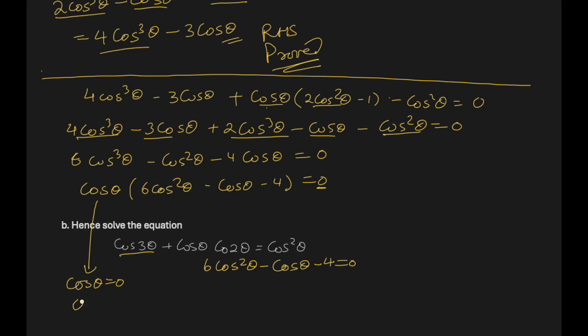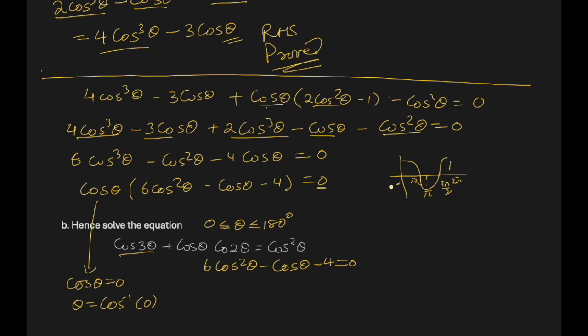That becomes theta equal to cos inverse 0 here, and they have given us that theta should be between 0 and 180 degrees. So if I draw a cos graph, for 0 you should always take the help of a graph. Cos looks like this. So this is 0, this is pi by 2, this is pi, this is 3 pi by 2, and this is 2 pi.